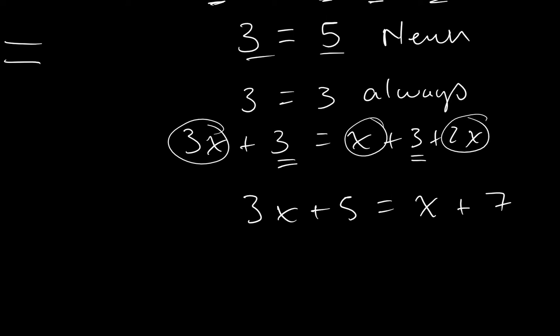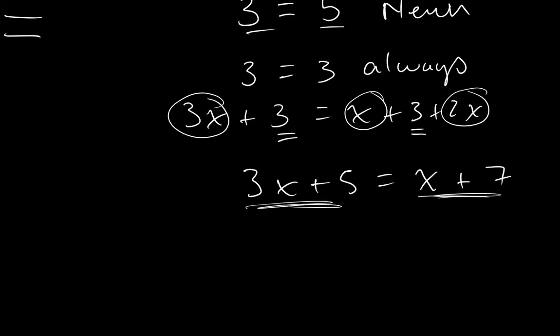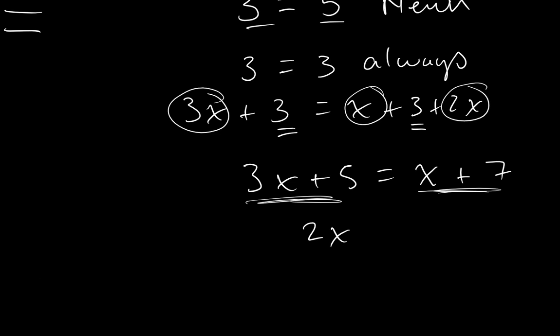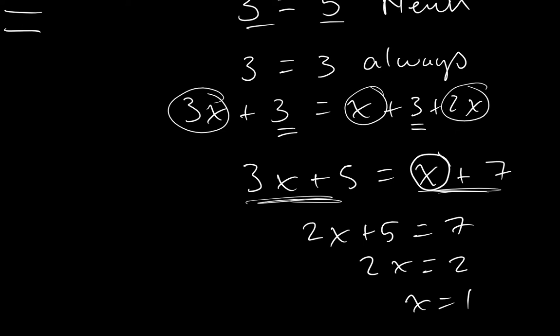The particular value of x that will make this true, if this thing has to be the same as that, well, 2x plus 5 is 7. So 2x is 2, so x is 1. So if I put 1 in for this x and 1 in here, 3 times 1 is 3 plus 5, this becomes 8. And then 1 plus 7 becomes 8.